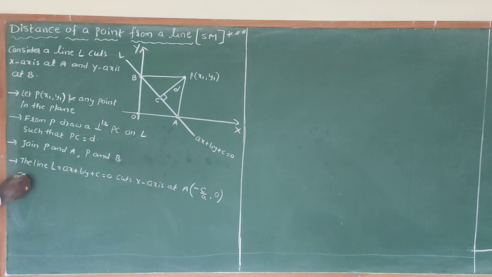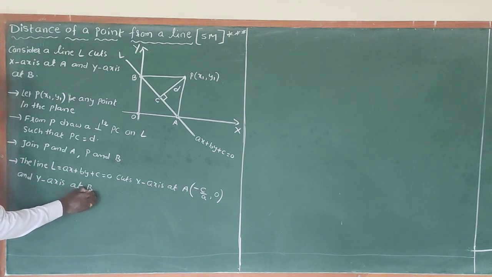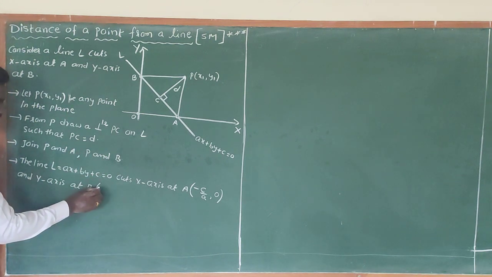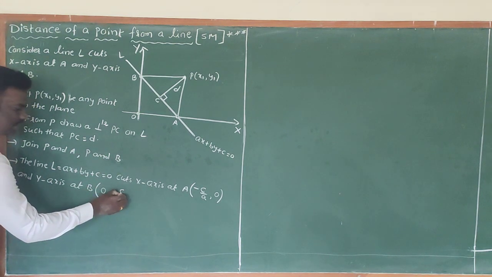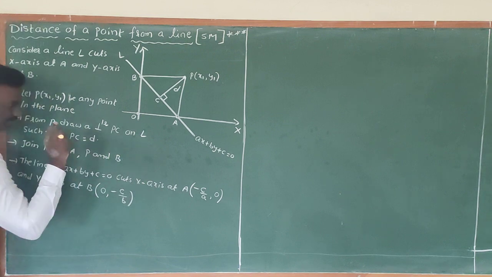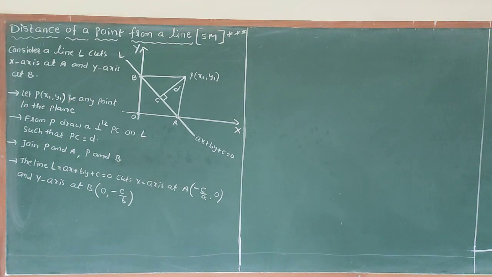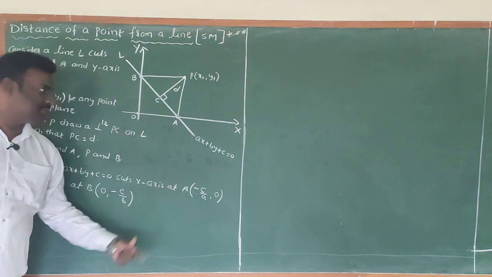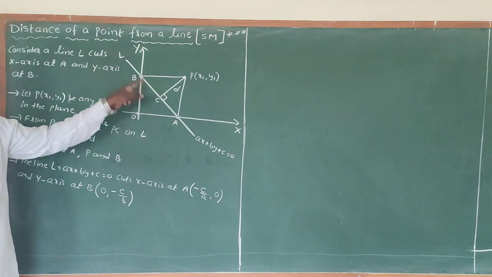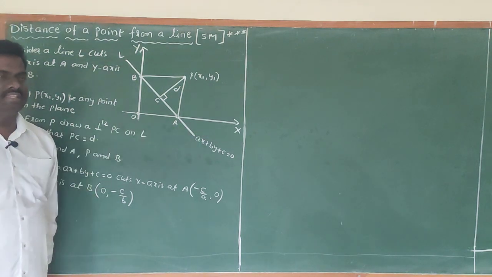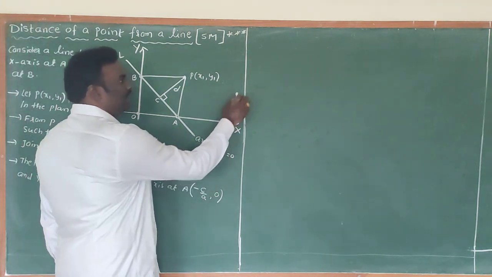And y axis at B, the point is 0 comma minus C by B. You will get a doubt how this point came up. See, this line cuts which axis? X axis.